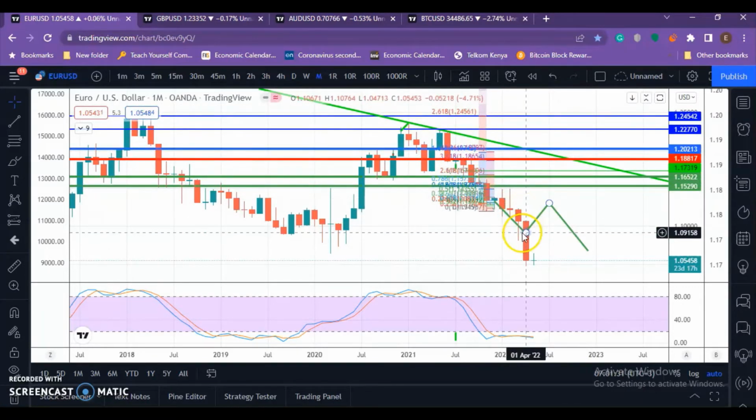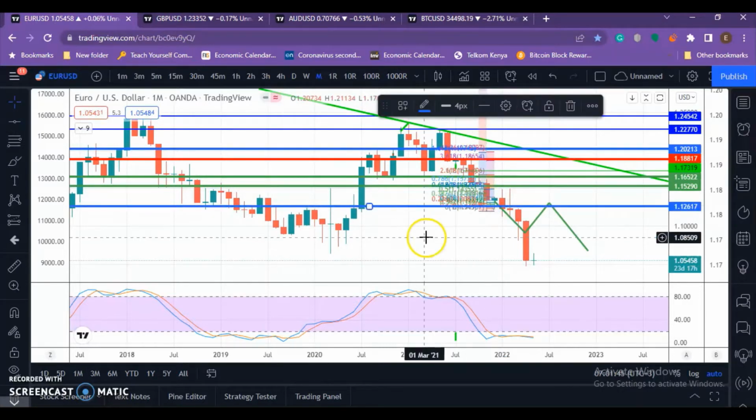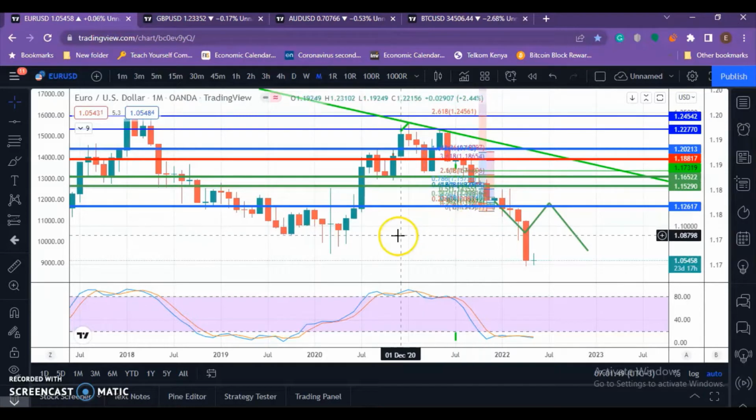This is still valid, so we're waiting for a retracement up to this point for us to actually continue placing sell orders or to continue shorting the EURUSD. This is on a monthly time frame.